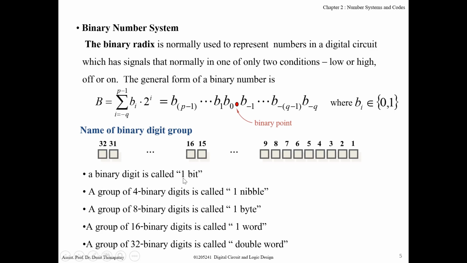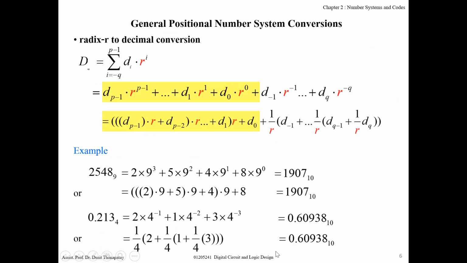Each position or each digit in a binary number is called bit, and a group of 4 bits is called nibble, and 8 bits is 1 byte, 16 bits is 1 word, and 32 bits is double word.